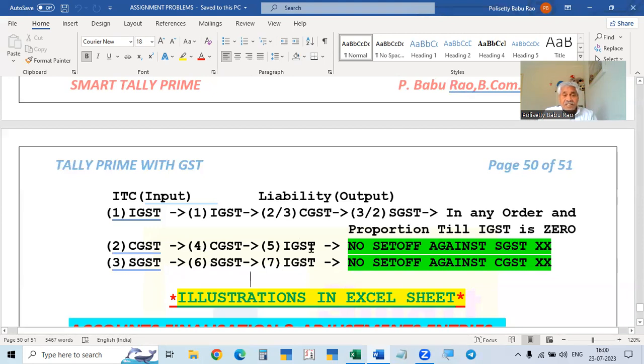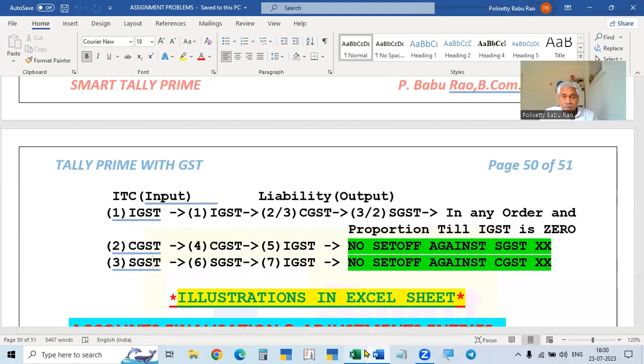CGST can go against CGST and IGST. SGST also against SGST and then IGST. That is, they first set off against themselves, and then, if necessary, they can adjust against the others.